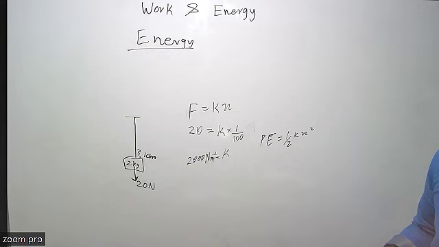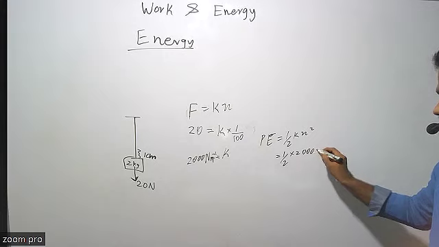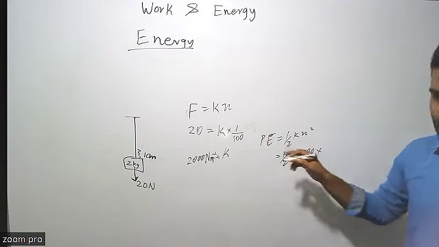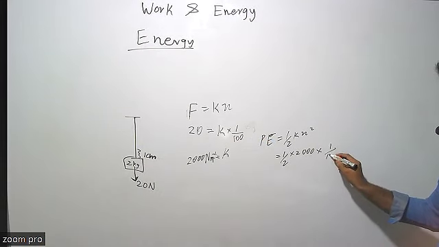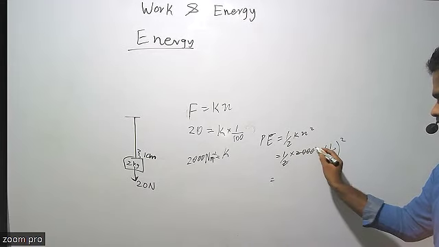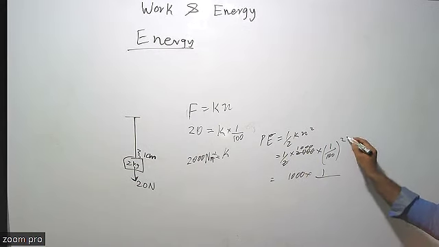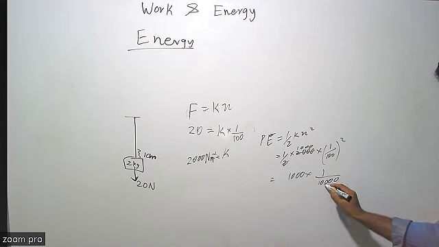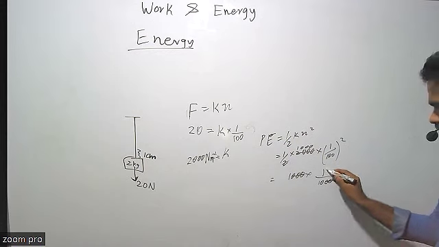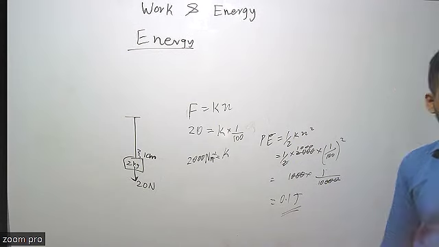Okay, now just do the substitution. 2000 times x, but I have to convert here into meters, so 1 over 100, squared. 1000 divided by 100 squared means 10,000. So 3 zeros cancel off, 1 over 10 is 0.1. So the energy stored is 0.1 joule.